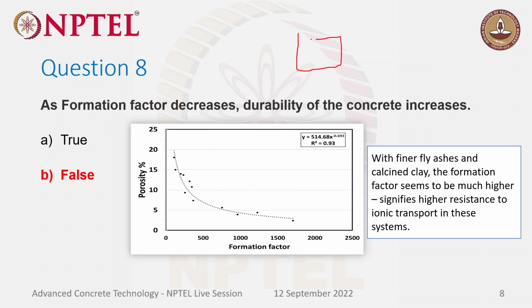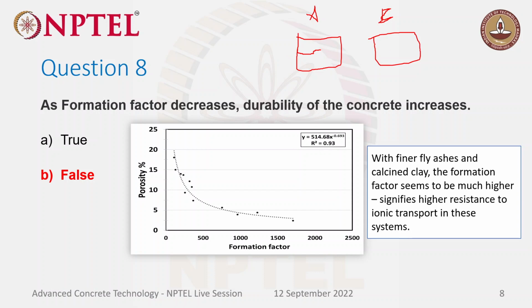Let me draw two concrete cubes. Let's take one as A and the next one as B. I think sir has given this example already in class, I suppose. Okay, this is A, this is B. Now let's assume this is the porosity of the structure. This is how the water from the environment reaches the concrete core.